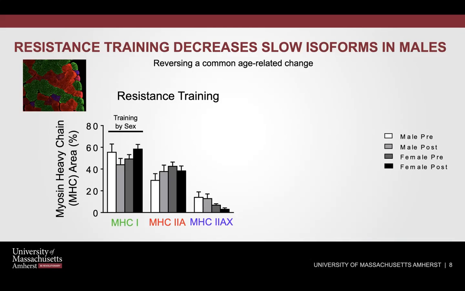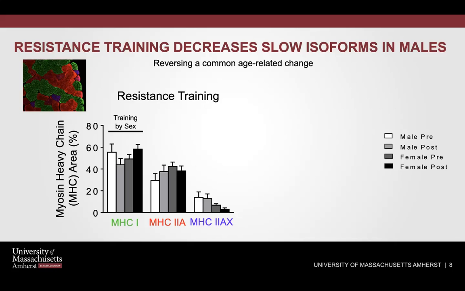In resistance training, a training by sex relationship was found, meaning that within a specific exercise modality, males and females experienced opposite results. Men experienced a reduction in proportion for their slower contracting fibers, or their MHC1 shown here, whereas females experienced an increase with resistance training in the proportion of these fiber types.